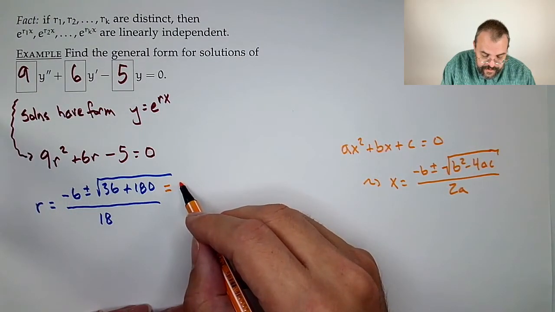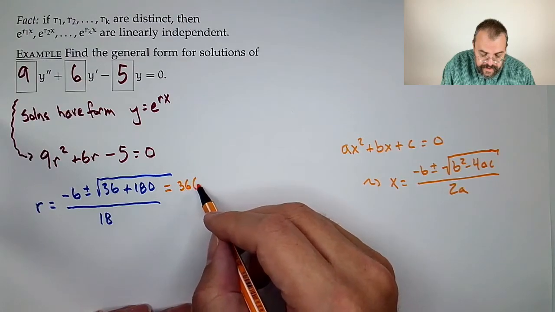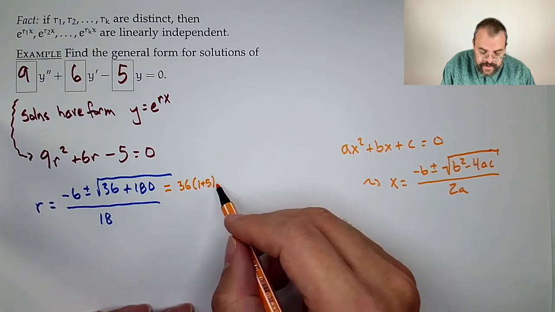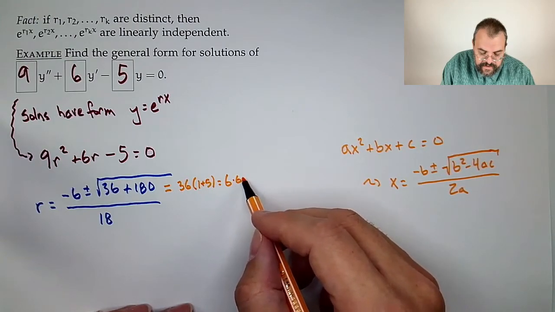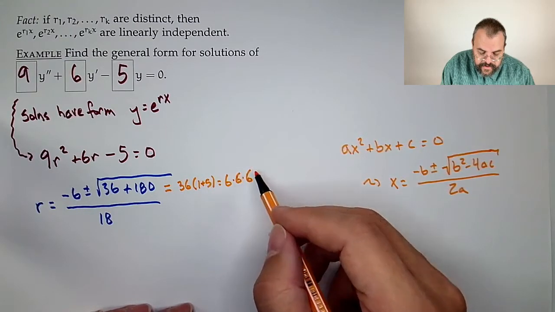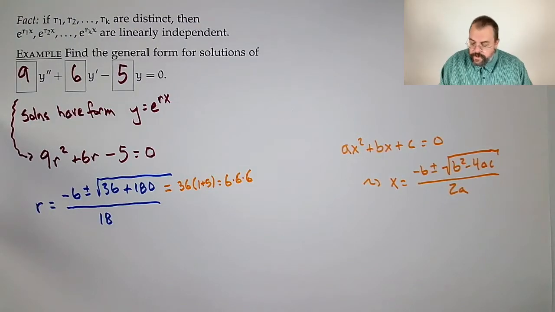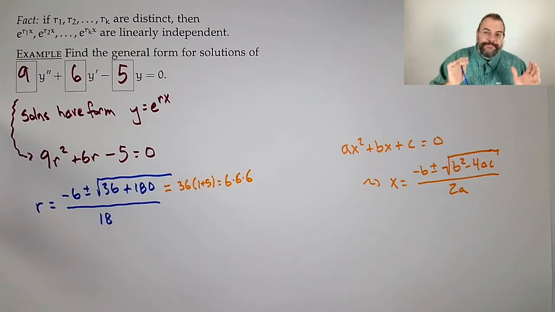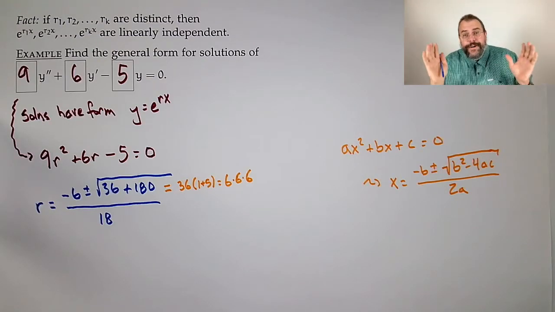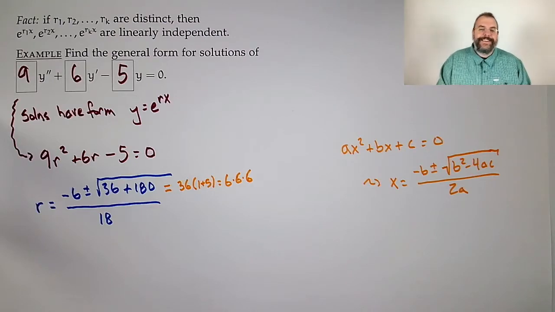So this is really 36 times (1 + 5), and 36 is 6 times 6, so we have three 6s. Well, wow, what a coincidence. If we were taking the cube root, we'd be like, wow, that's amazing. We're taking the square root, so that's ordinary.